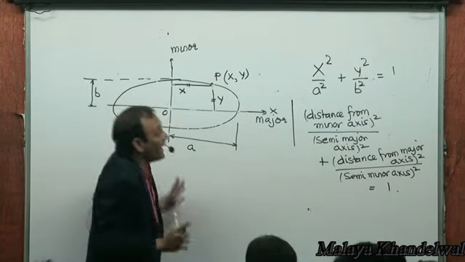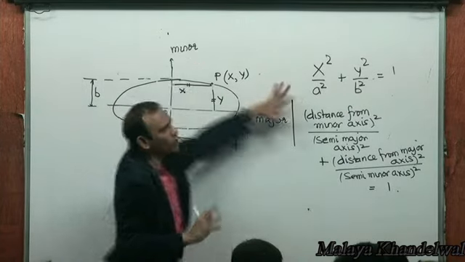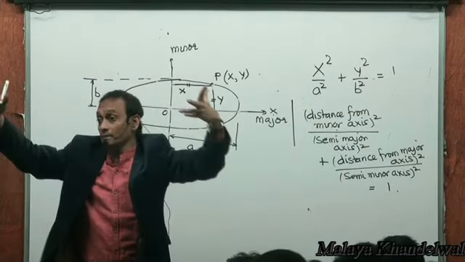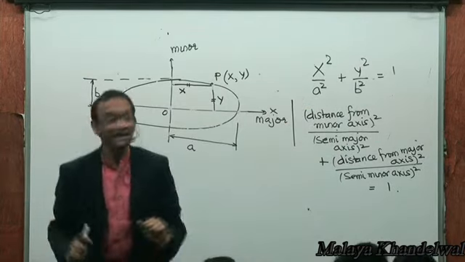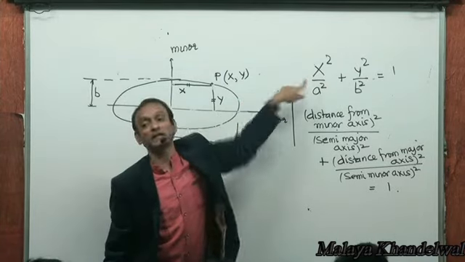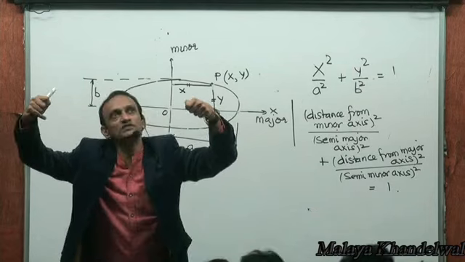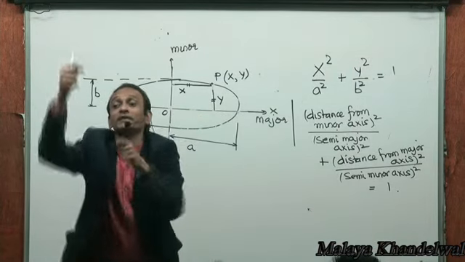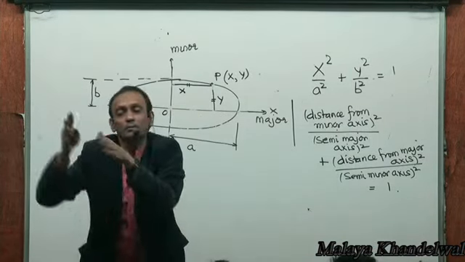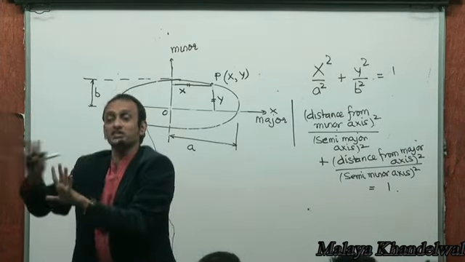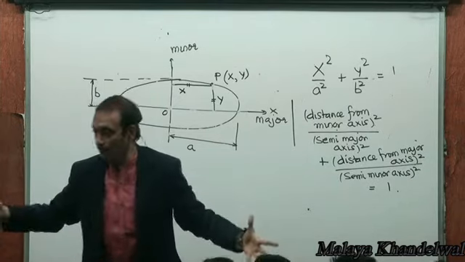Now this will help if the x and the y axis are not the axes of the ellipse, right? The axes of the ellipse need not be the x and the y axis. Then this distance interpretation of the equation of the ellipse will come in handy. Square of the distance from the major axis divided by semi-minor axis squared plus square of the distance from the minor axis divided by semi-major axis squared is equal to 1, right?